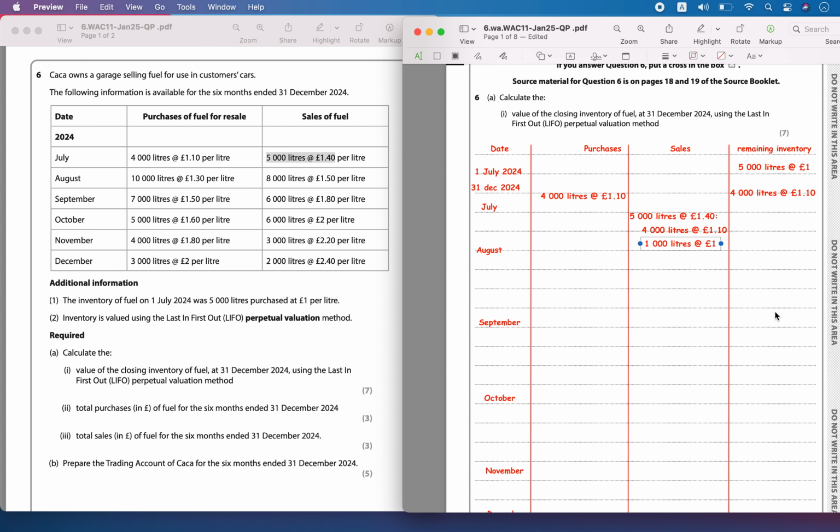I see that both are lower than 1.40, so I'll have to use those values. If this value was lower, I would have to sell it at that value. So that is the thing.